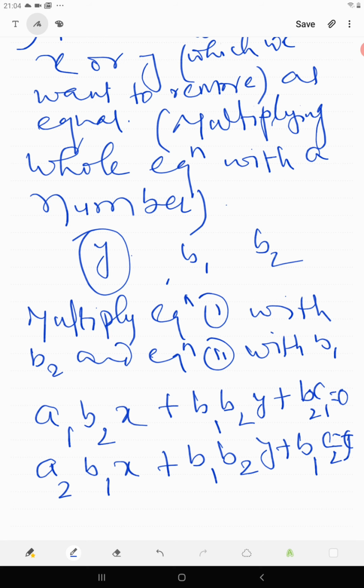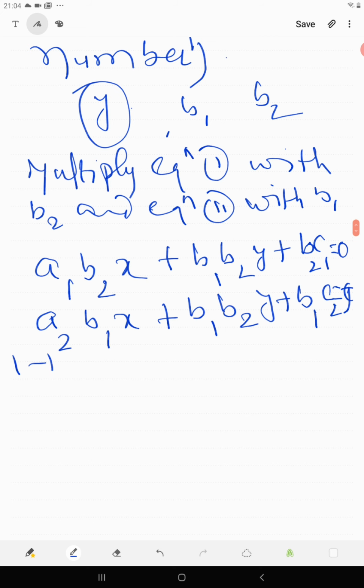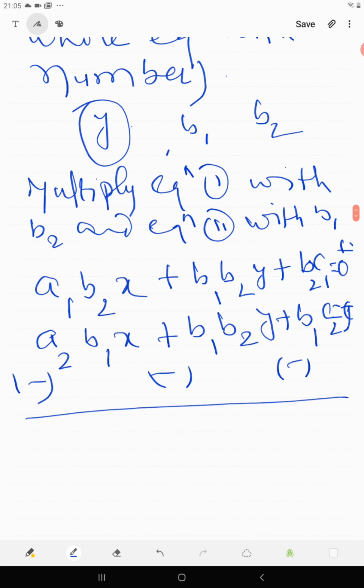Now we will subtract equation 2 from equation 1. Suppose the first one is equation 3 and the second one is equation 4, so we are subtracting equation 4 from equation 3. When you are subtracting, the sign of the variable changes. Why? If you are subtracting y from x, it will be x minus y.